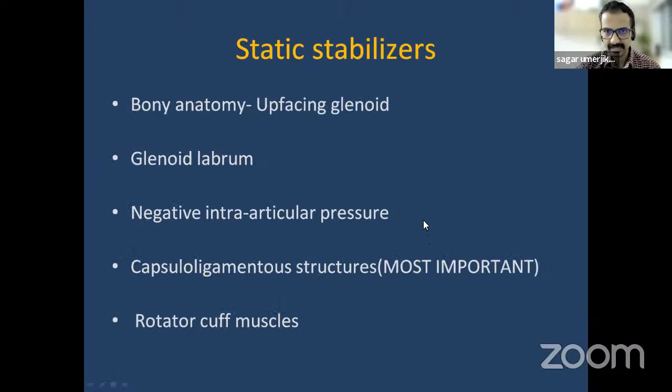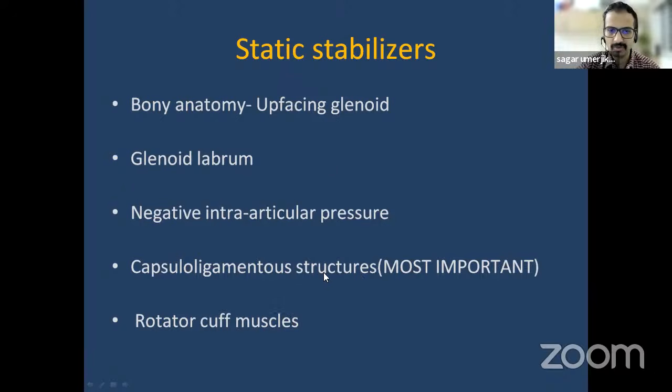Speaking of the stabilizers, there are static stabilizers and dynamic stabilizers. The bony anatomy itself is a static stabilizer, wherein the glenoid faces upwards; even though it's less congruous to the humeral head, the direction is still one component of static stabilizers. The glenoidal labrum, the negative intra-articular pressure, the capsuloligamentous structures and the rotator cuff muscles are other static stabilizers.